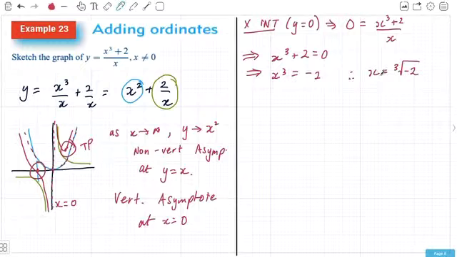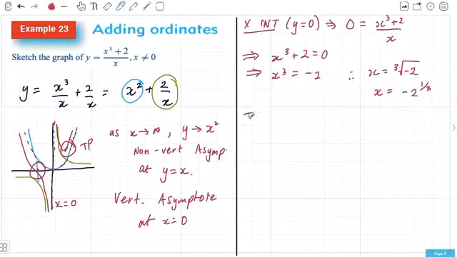Now if you wanted to, you could write that as negative 2 to the power of a third. You could also give that as an approximation, but I'm going to keep it exact. Okay, so x equals negative 2 to the power of a third is where we have an x-intercept.